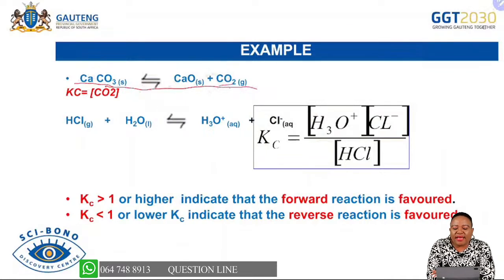If we need to write the Kc expression, what is also important is that you must know that the concentration of all solids is 1. Therefore, if you are provided solids, normally you will see them seem excluded because you are multiplying by 1. But you know that if you have to divide by 1 or 1 divided by something, that 1 must be there. And also the liquids, their concentration is also 1.